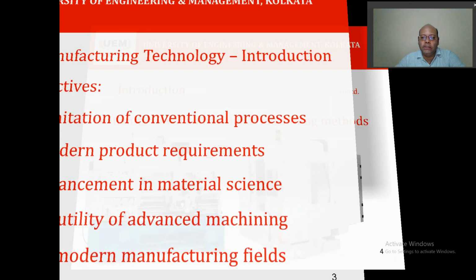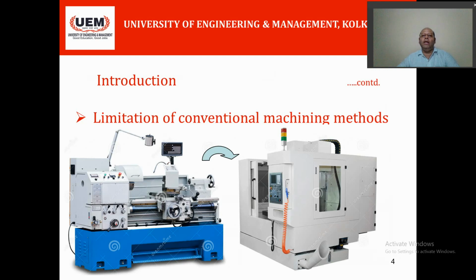If I discuss this, we can see our conventional machining method like the conventional lathe is retrofitted to the CNC lathe, and modern CNC lathes or CNC milling machines are capable of producing accurate jobs, increasing productivity with precise application.